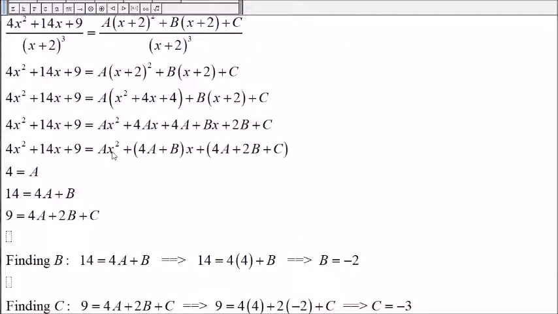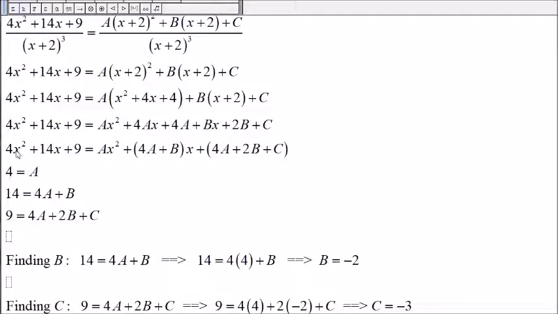Here we have ax squared. This term has x, this term has x, and so we can rewrite them as 4a plus b times x. And then we have 4a, 2b plus c, and these terms have no x.